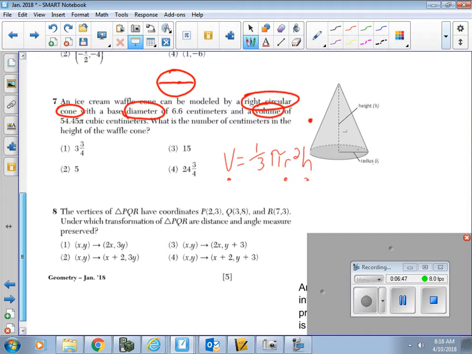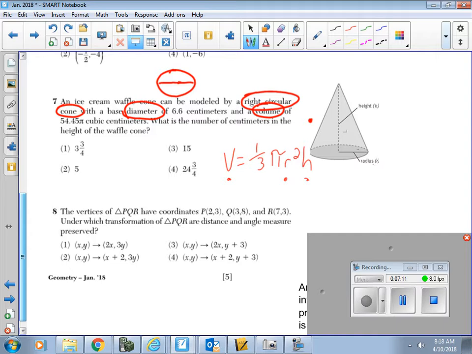And usually, on easier problems, they'll give you the radius and the height and have you find the volume. Once you get into geometry regions or a higher level class, they're usually not going to do that. They're actually going to give you the volume, give you something else, and you find the radius or the height, okay? Because it's a little more tricky to do that.